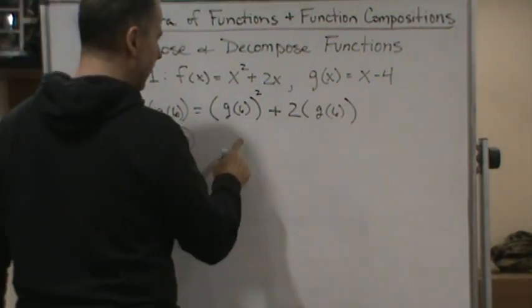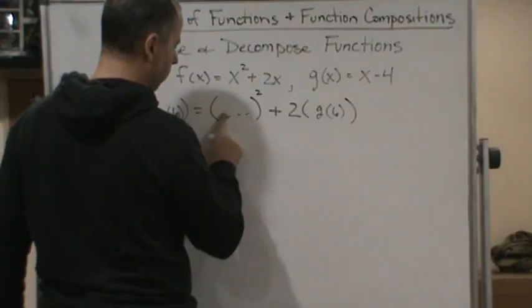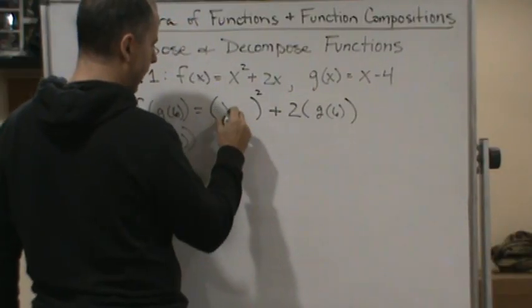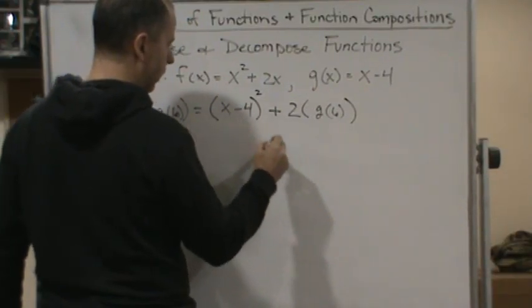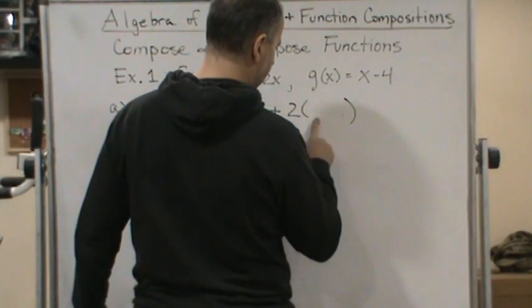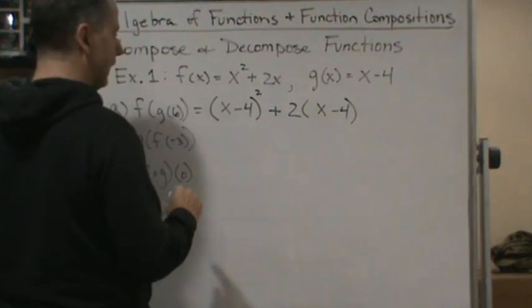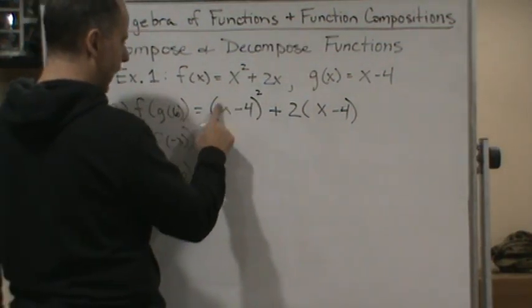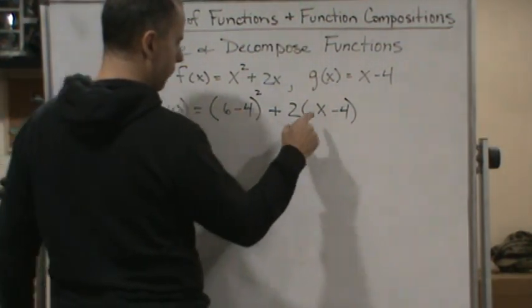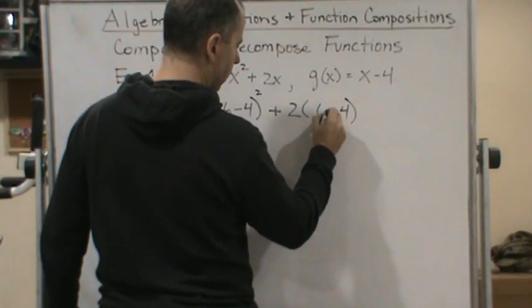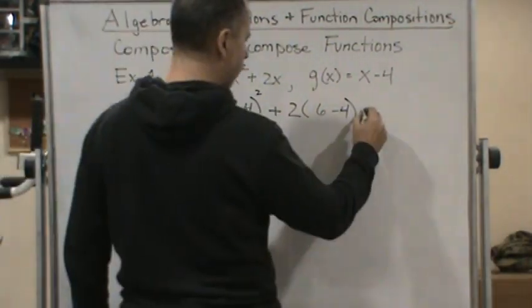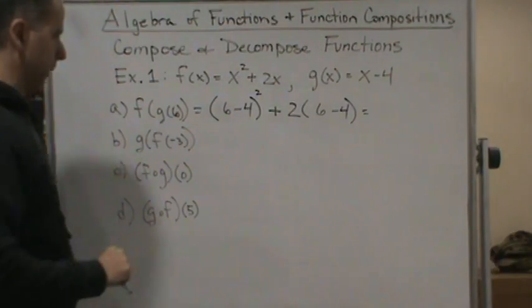But what is g? g is x minus 4, right? So we're going to put in x minus 4 here, and x minus 4, but we're evaluating it at 6. So x is equal to 6. And so now all we have to do is evaluate it, right?